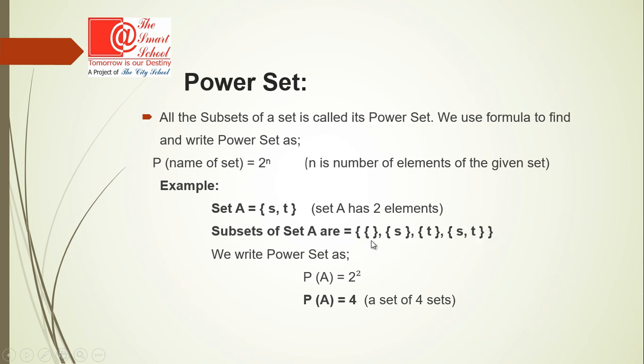So these are 4 sets, 1, 2, 3, 4, and we will write power set as P(A), name of the set, equal to 2 to the power 2, because it has 2 elements, so we will write 2 over here. Now P(A) is equal to 4 because 2 to the power 2 is 4. So it is a set of 4 sets which we counted over here. I hope this concept is clear to all of you.